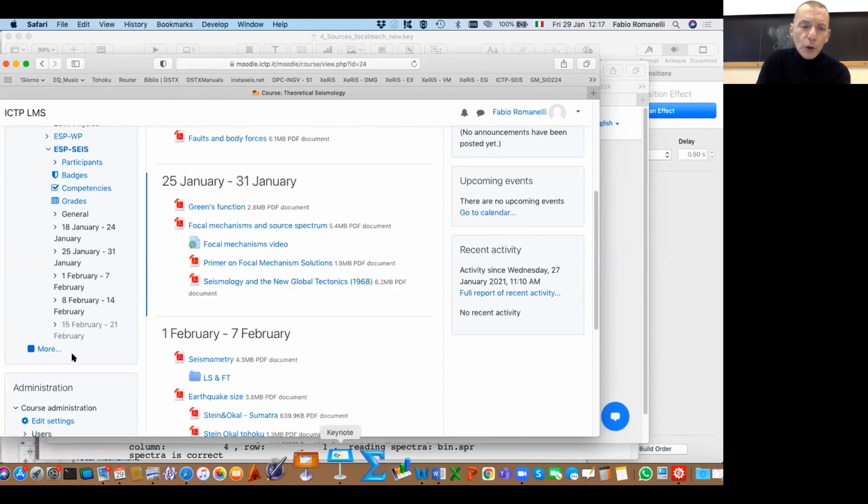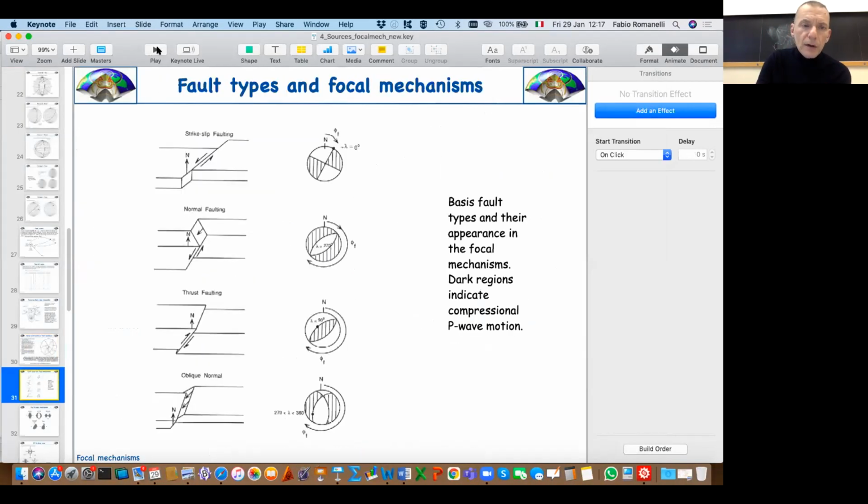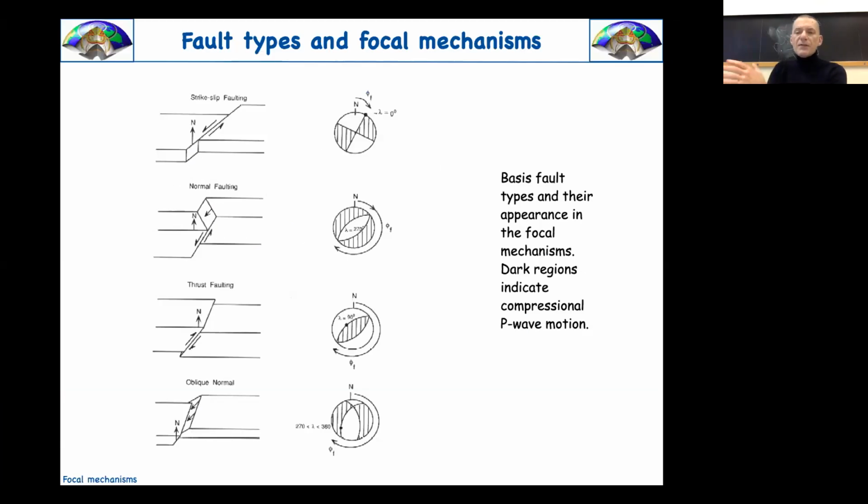Let's try to conclude our lecture for today. The summary is very relaxing because actually the focal mechanisms, the basic ones, will appear in 3 different styles. If we have a strike slip, imagine looking from the top, you will see all the 4 quadrants.